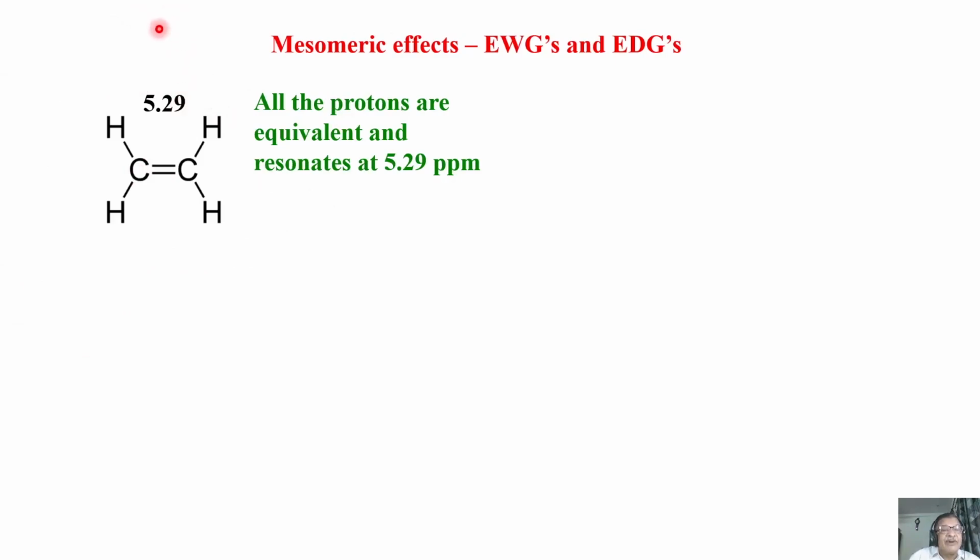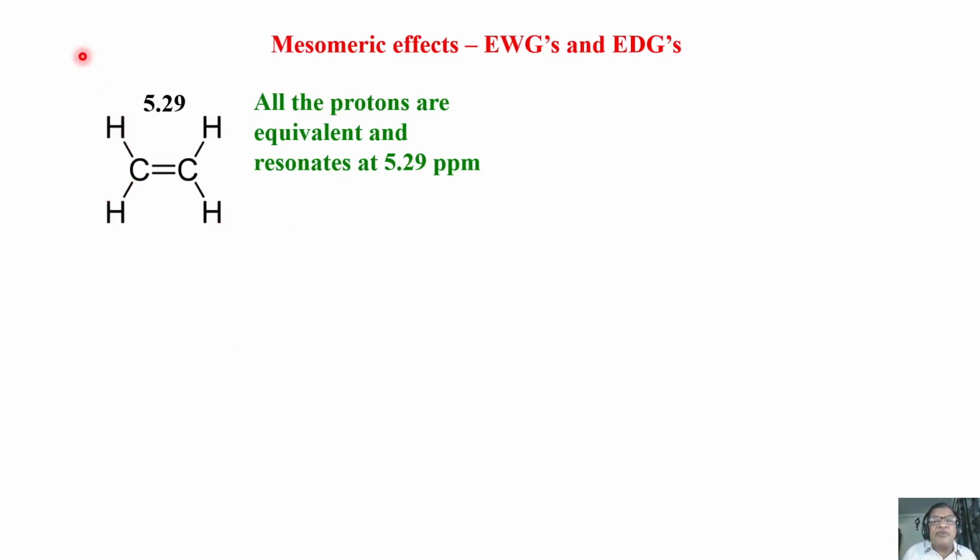Look at it. There is a symmetry for this molecule. There is a symmetry along this axis. There is a symmetry along this axis. So because of this axis, these 2 protons are same. These 2 protons are same. If you go along this axis, this is equivalent to this. This is equivalent to this. All 4 protons are chemically equivalent.